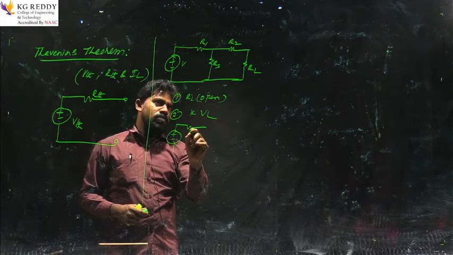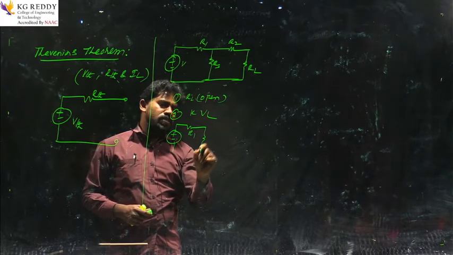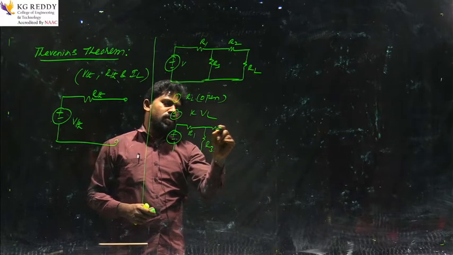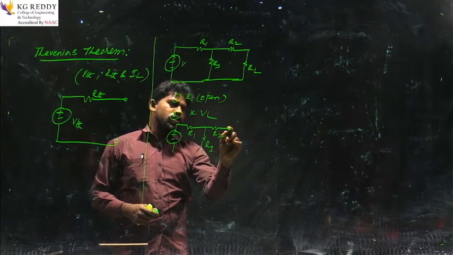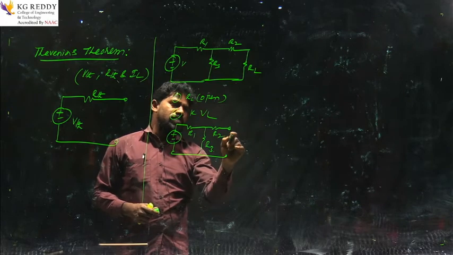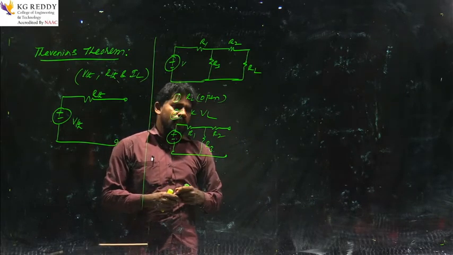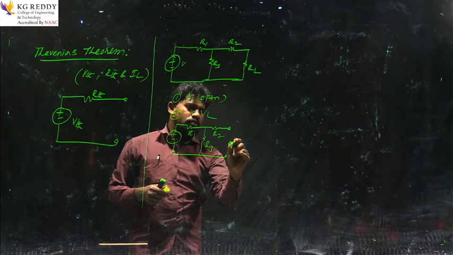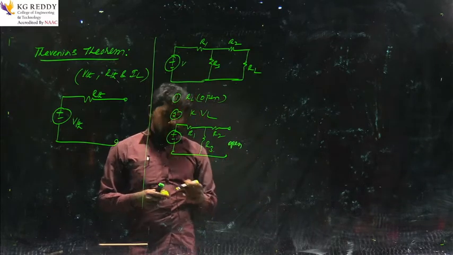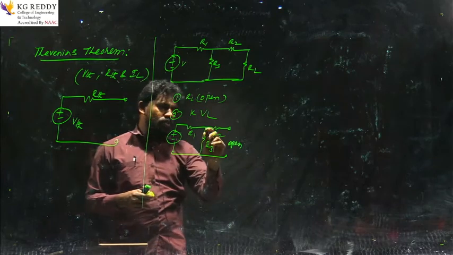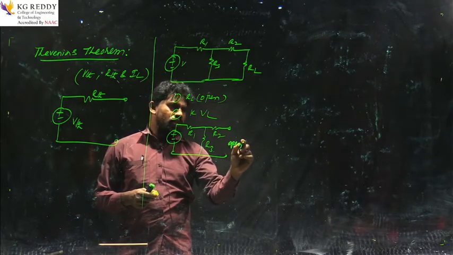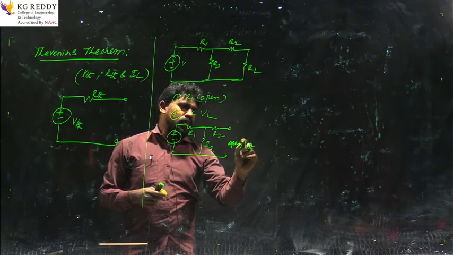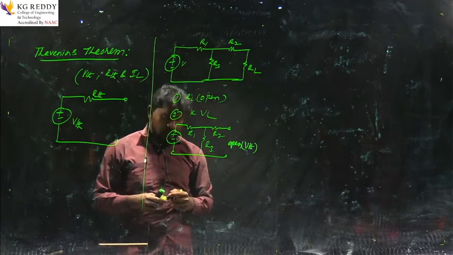This is R1, this is R3 and this is R2. Here the load resistance is open circuited. My aim is to find the voltage across these open terminals. That is the open circuit voltage, or VTH.